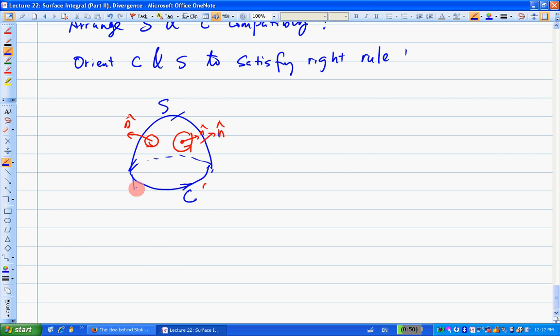Let's say now this is my surface here, and this is the direction of C. What will be the n-hat direction for S? Use either way that I taught you to determine the n-hat. Would it be inward?